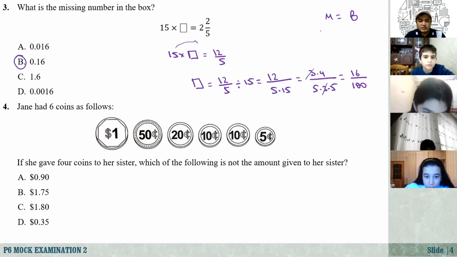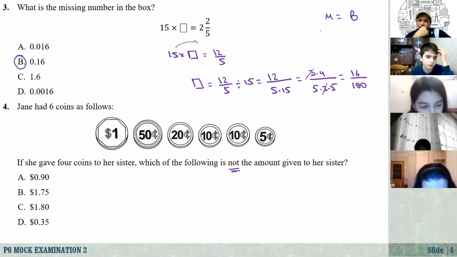If she gave 4 coins to her sister, which of the following is not the amount given to her sister? The variant A. I don't know.